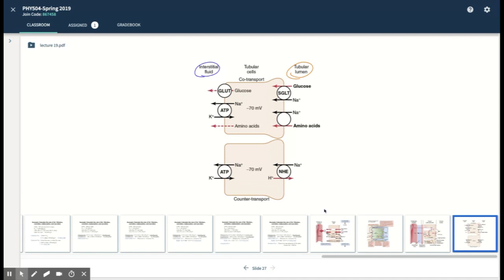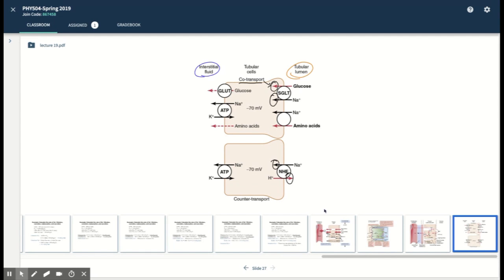This figure was really intended initially just to demonstrate the difference between co-transport and counter-transport, or exchange. Co-transport at the top just means that the molecules on your apical side are moving in the same direction. Counter-transport means they're moving in opposite directions.